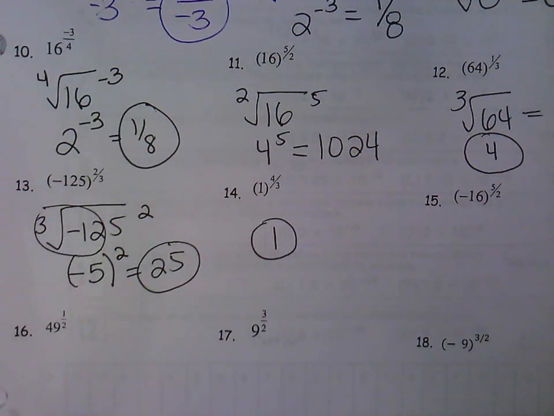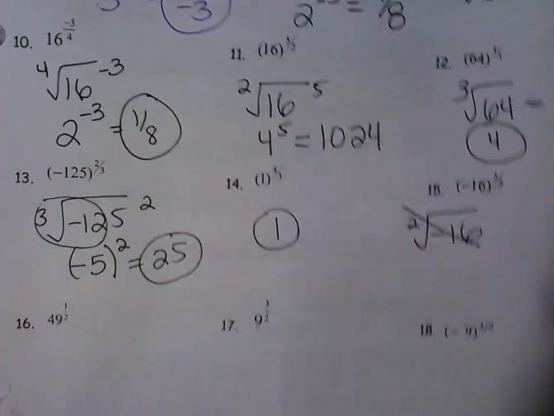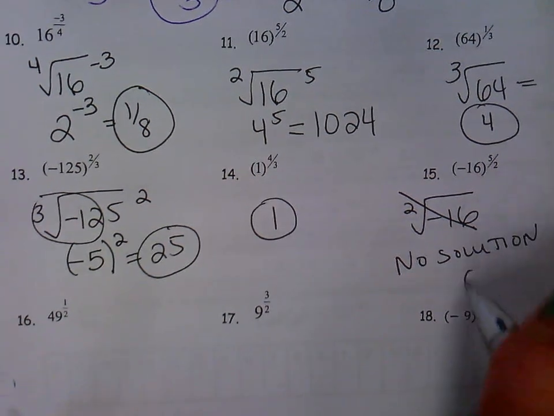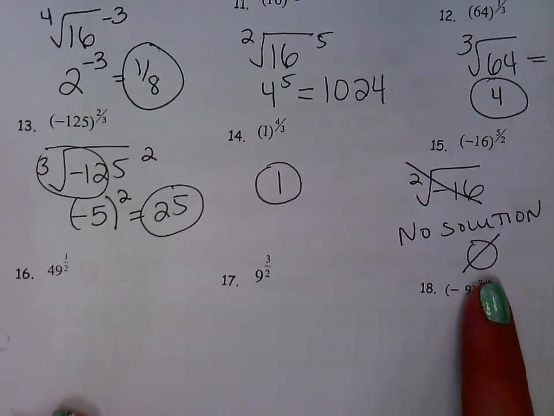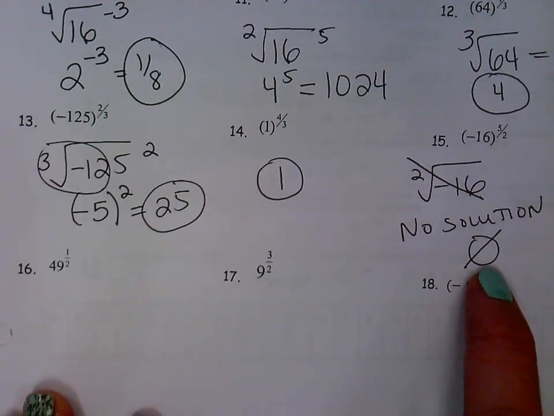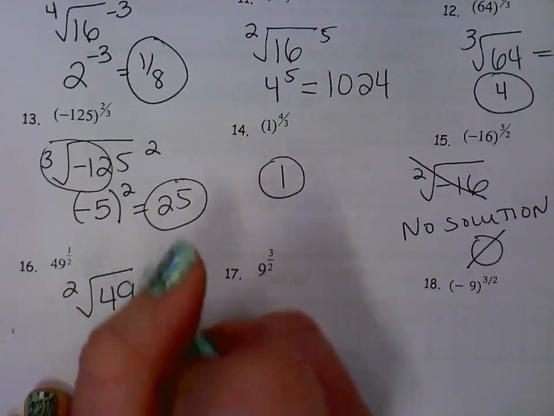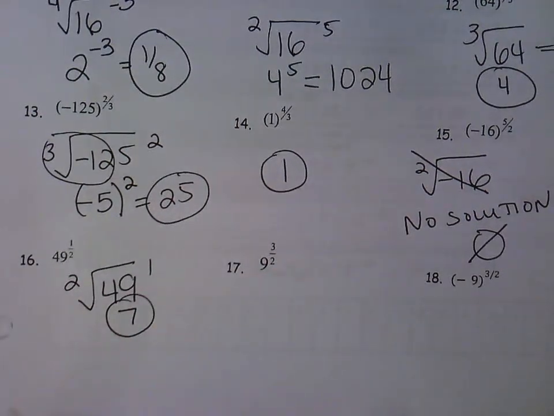Why is number 15 no solution? Can't take the square root of a negative number, so make sure you actually write there is no solution. Or the empty set. No solution, you could write the 0 with a line through it. 16 is pretty straightforward. Square root of 49 is just 7 without the radical symbol.